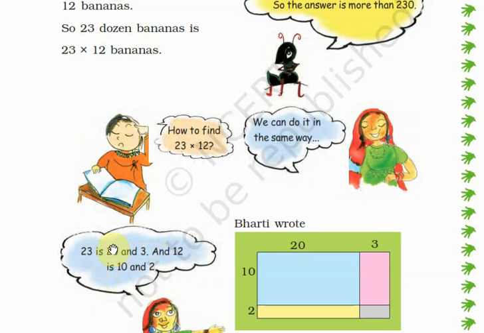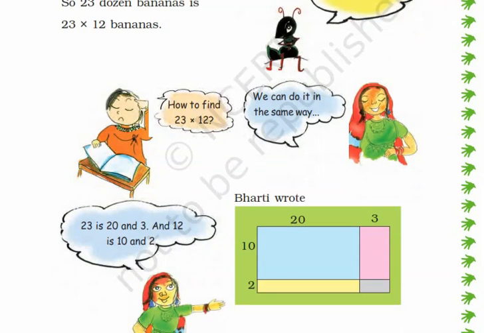If we write the numbers in expanded form, 23 is 20 plus 3 and 12 is 10 plus 2. And she wrote in the box like this: 20, here 3, here 10, here 2.